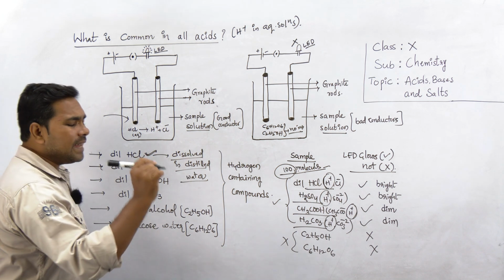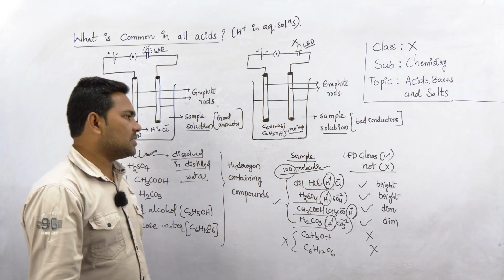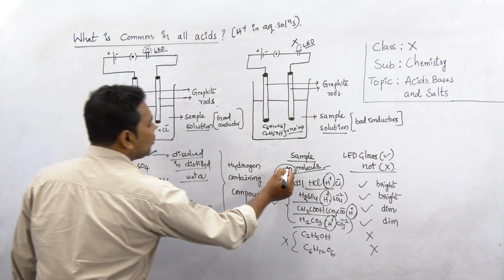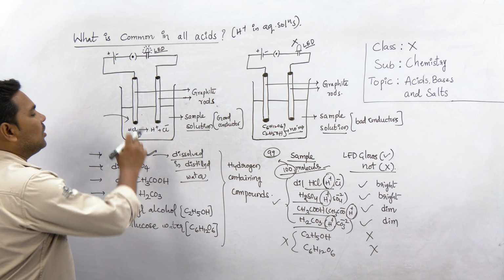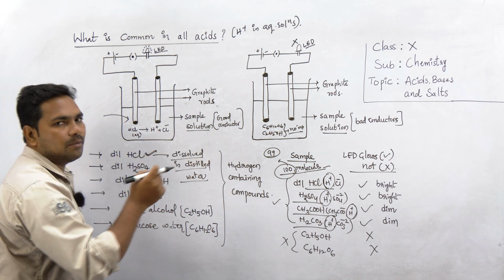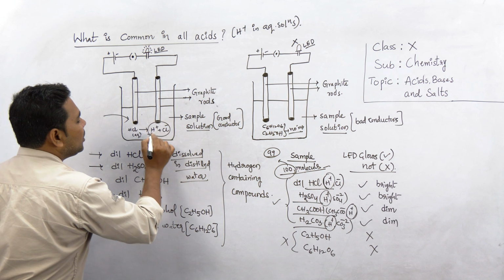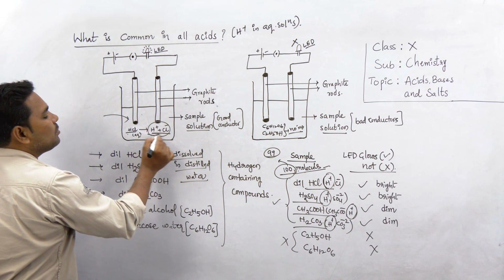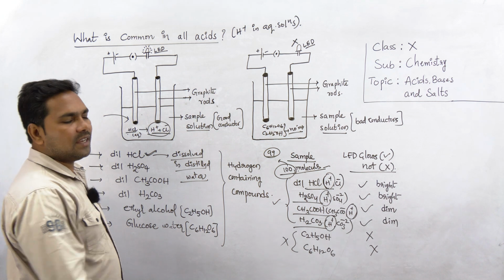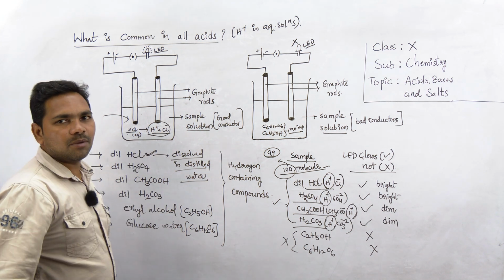Then HCl, since it is a strong acid, undergoes complete ionization, and we imagine out of 100, 99 molecules undergo ionization, so most of the molecules produce ions. Because one molecule splits to produce two ions, if I take 99 molecules, 198 ions are produced.